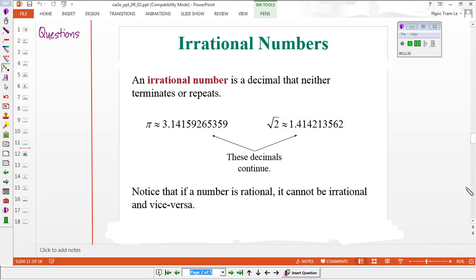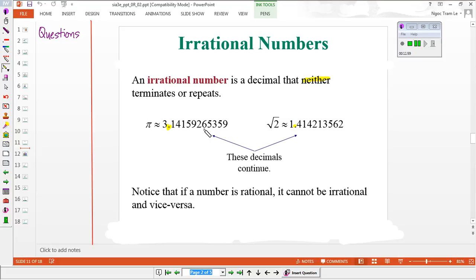Okay, lastly will be irrational numbers. Irrational numbers are decimals that neither terminate nor repeat. So it means the number behind the decimal point cannot terminate and it cannot repeat. I'm going to give you these two examples.